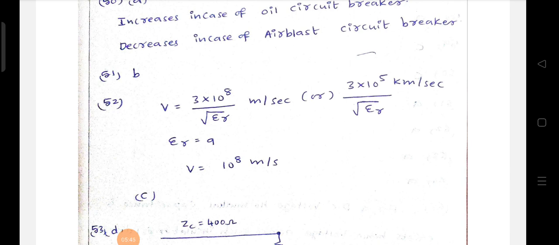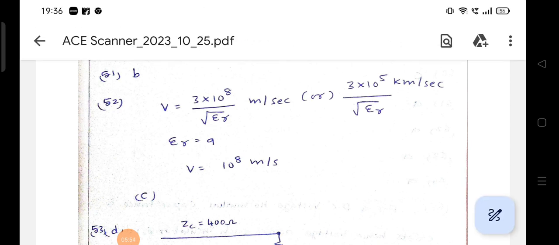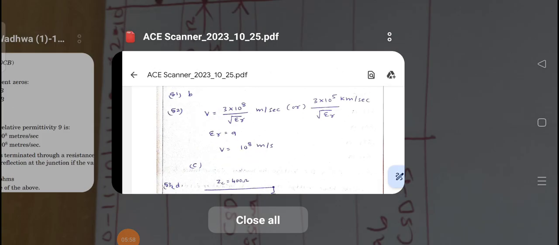Now see here, epsilon r value is given as 9, right? Root 9 value will be 3, that is 3 into 10 to the power 8 by 3, you will get 10 to the power 8 meter per second, or 10 to the power 5 kilometer per second, right?